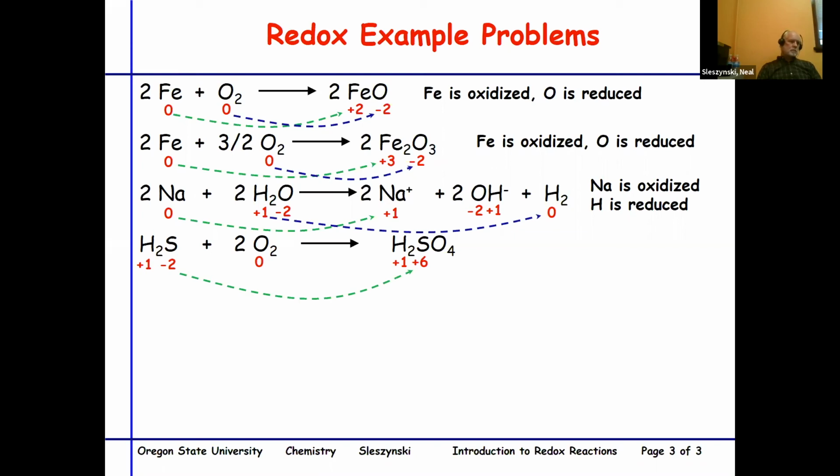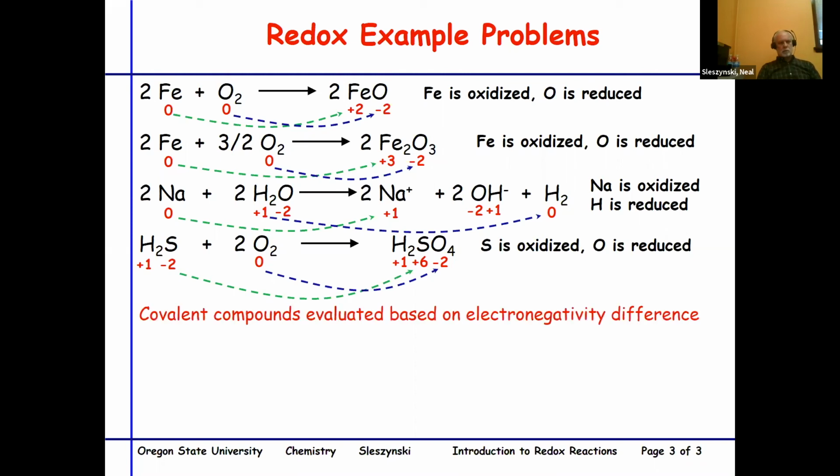Oxygen starts out with an oxidation state of 0, goes to an oxidation state of -2, gaining 2 electrons. There are 4 oxygens, having each gained 2 electrons for a grand total of 8 electrons gained. Sulfur lost 8 electrons, we're balanced.